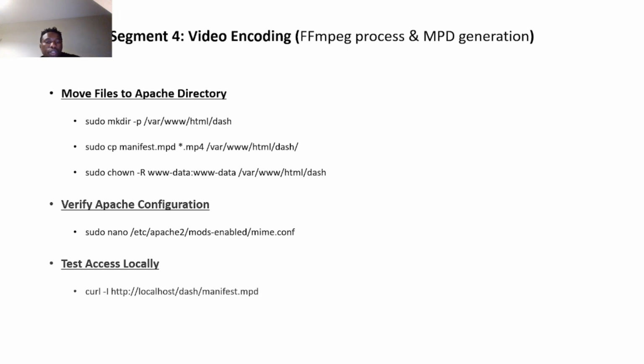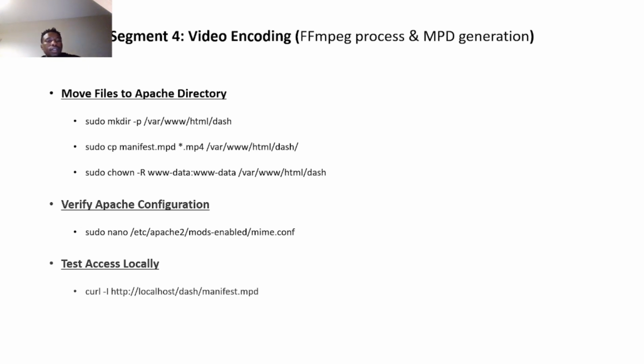We double checked the Apache MIME type configuration to ensure proper delivery of our MPEG-DASH content. This is crucial because the browser needs the right MIME type to handle adaptive streaming properly. And then finally, we verified everything was working by using the curl command to test the URL of the manifest file.